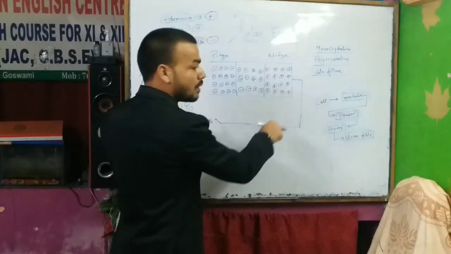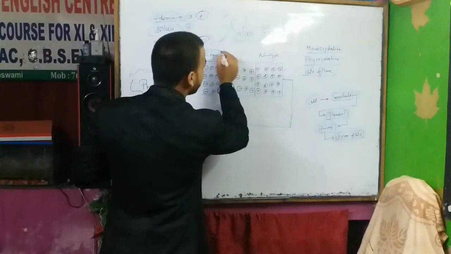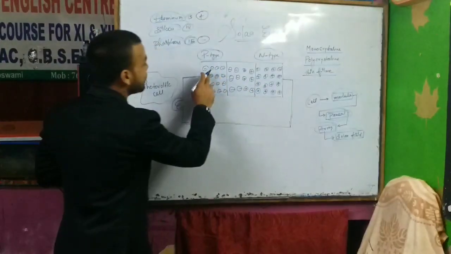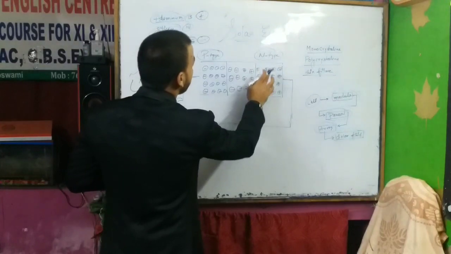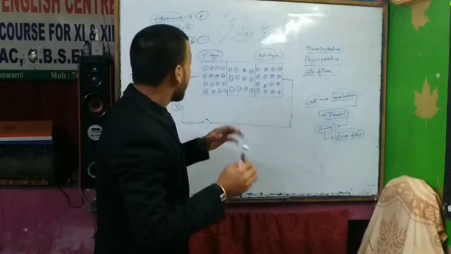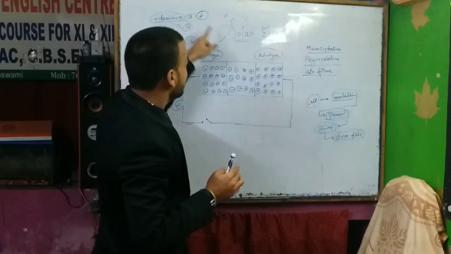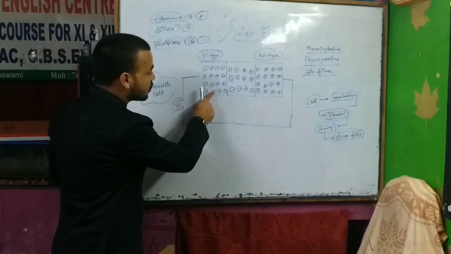In the panel we have p type and n type. N type is negative, meaning phosphorus, and p type is positive, meaning aluminium. Along with the silicon, aluminium is used on this side, and along with the silicon, phosphorus is used on that side.